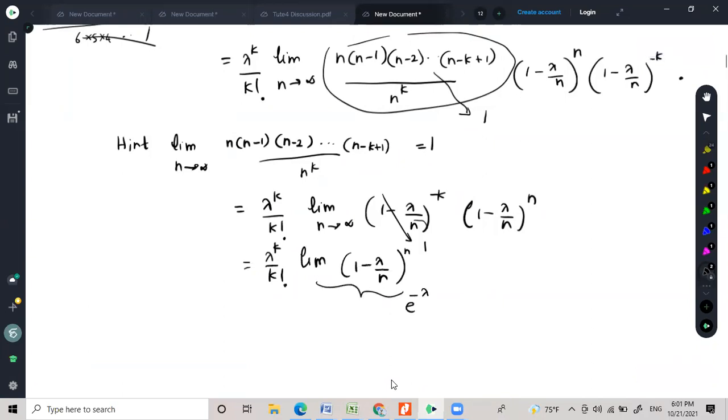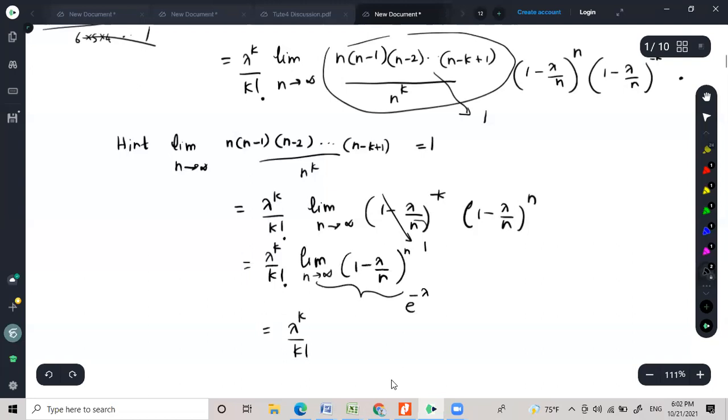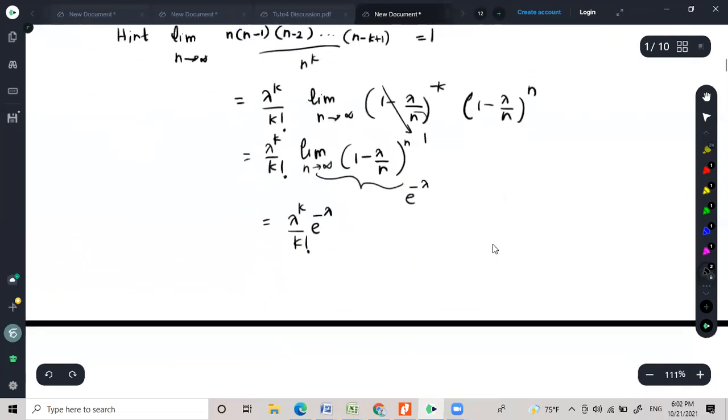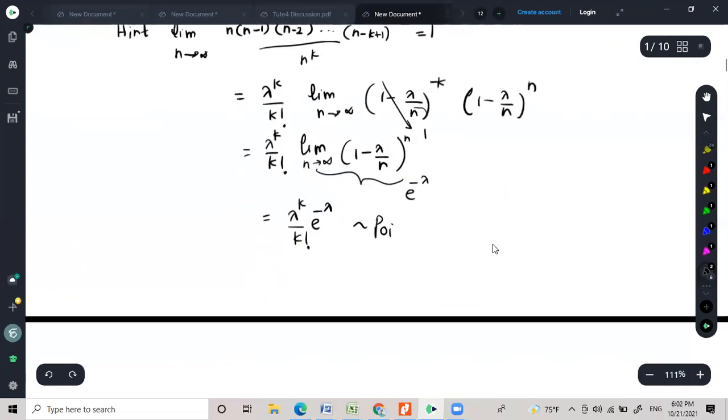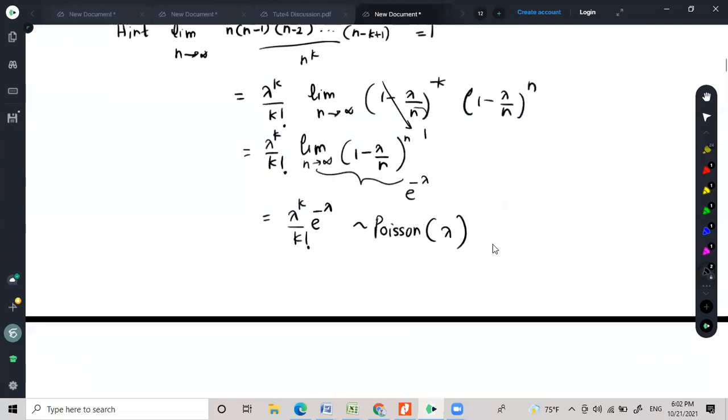This is a well-known identity we usually use in mathematics: the limit as n goes to infinity of 1 minus lambda over n to the power n is e to the power negative lambda. So therefore you end up with lambda to the k over k factorial times e to the negative lambda. And what is this? This is exactly the Poisson distribution.